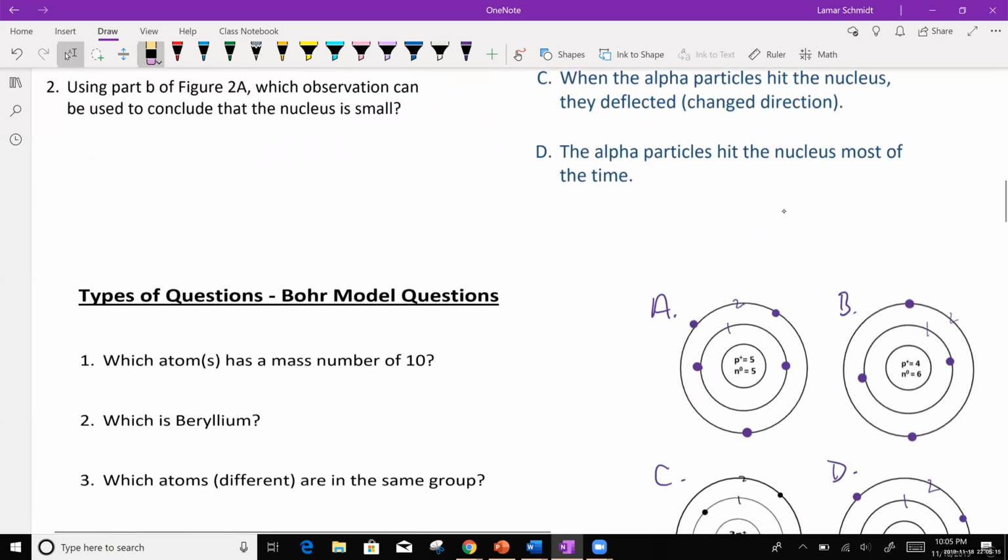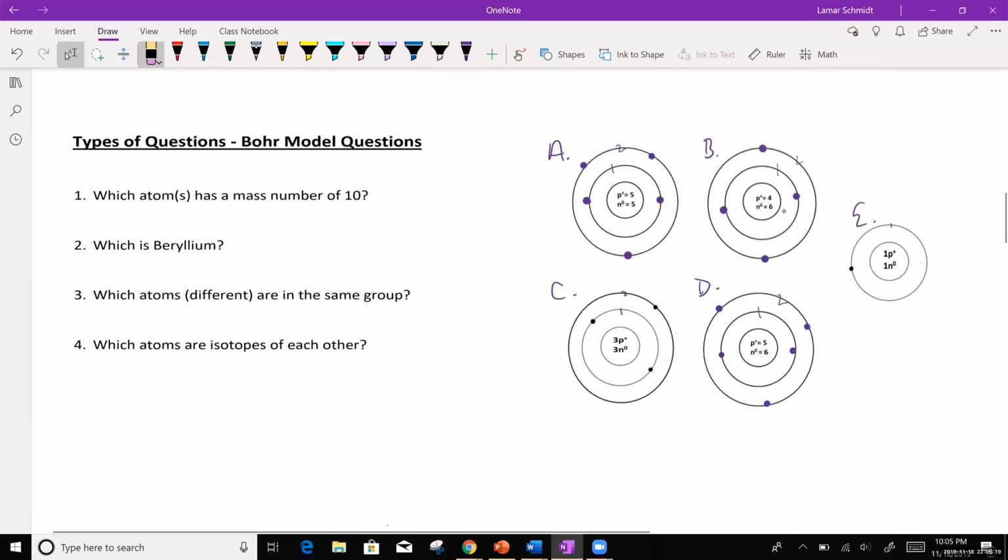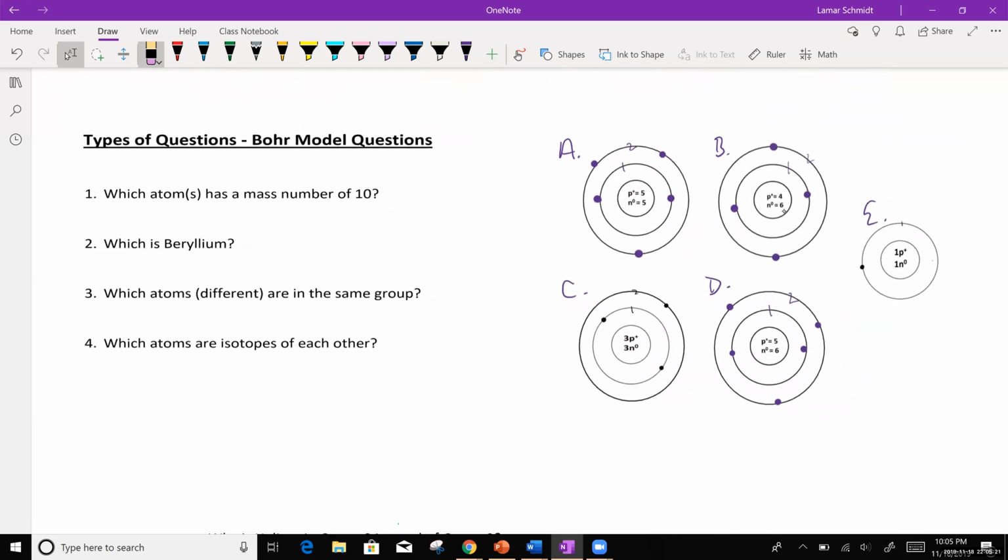Okay, the next part, we have some Bohr models. So with the Bohr models, you have choices A through E. I want you to answer questions 1 through 4. So I'm going to give you some time for that.